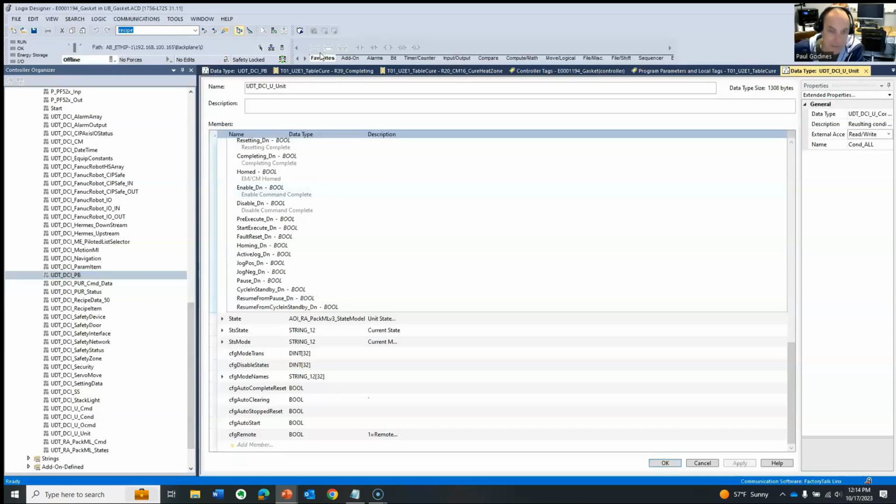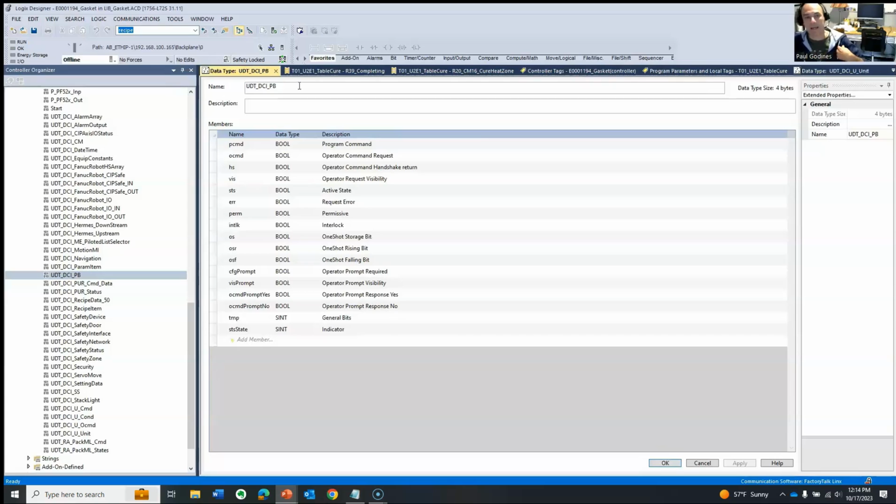So CFG, STS, etc. Now inside here, we found a UDT that has some better explanation, right? That they are setting this up. So the PCMD is program command, operator command request. HS is operator command handshake, operator request visibility, active state, request error, permissive interlock.